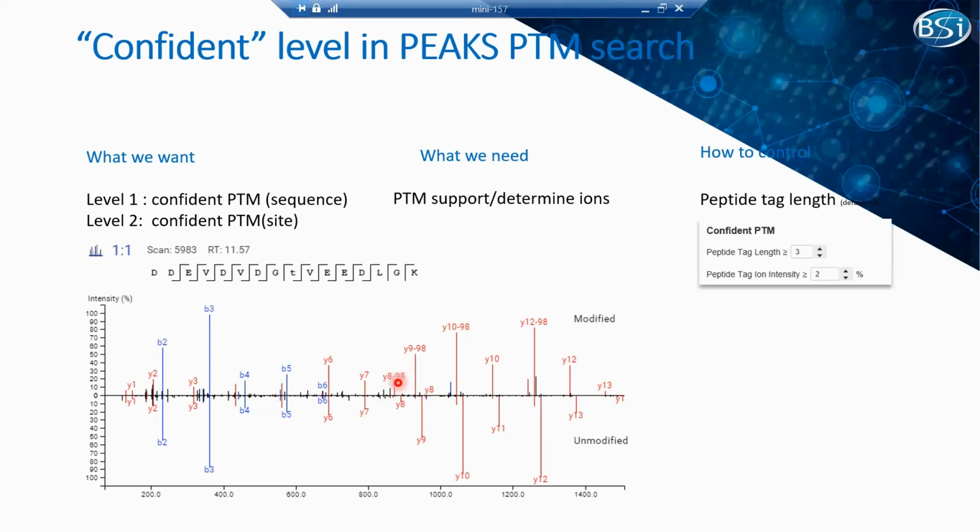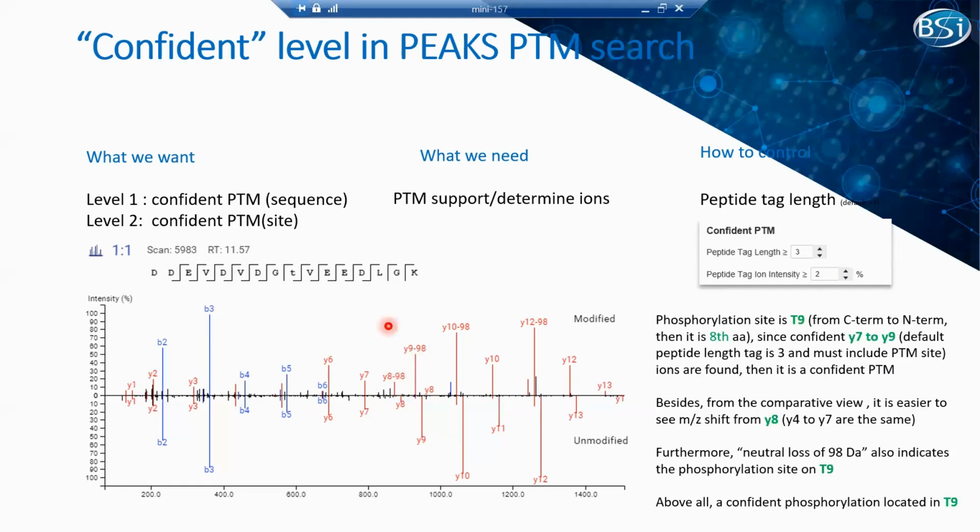And for the phosphorylation, there is another indicator: for the modified PSM, all the ions here have a neutral loss. This is also evidence that supports a phosphorylation within the y8 ion.